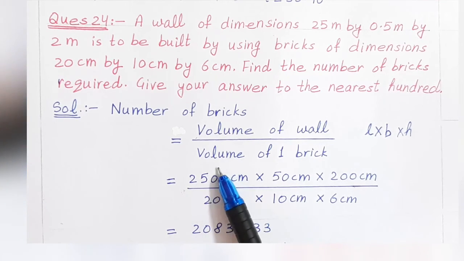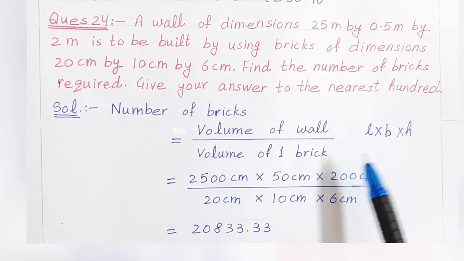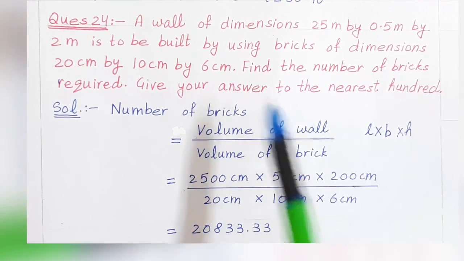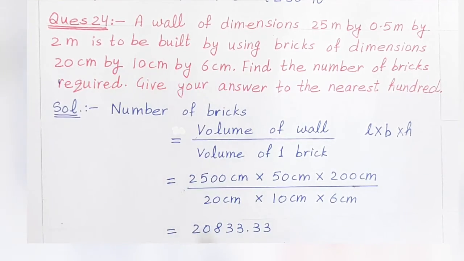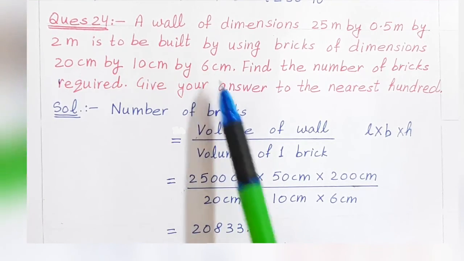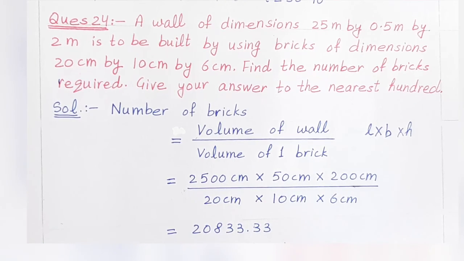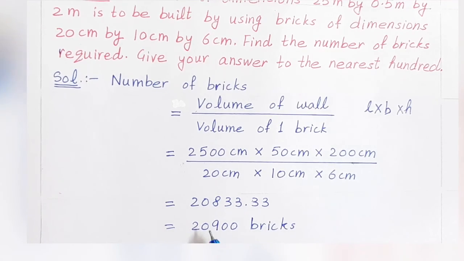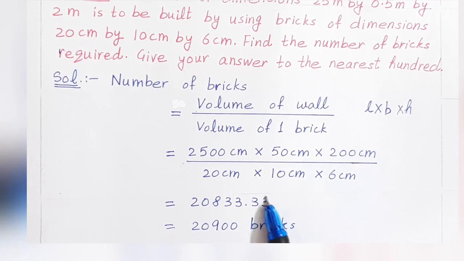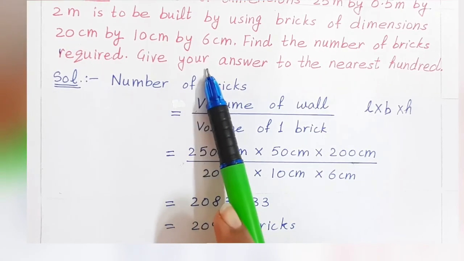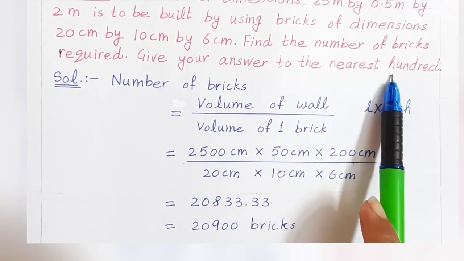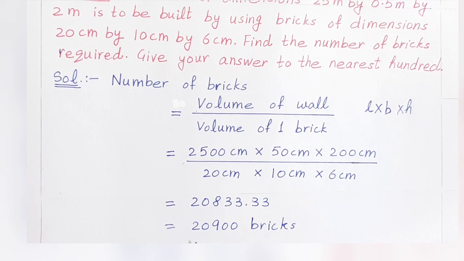And similarly, volume of one brick is also length into breadth into height, which is already given to us. So it is 20 into 10 into 6. Now after solving this, our answer is 20,833.33. Now students, as it is asked in the question to round to the nearest 100, our answer is 20,900 bricks.